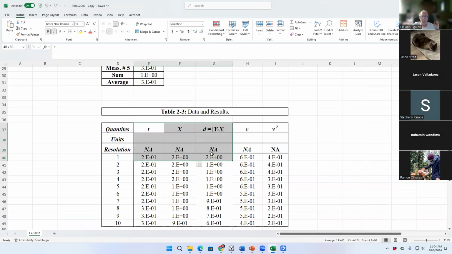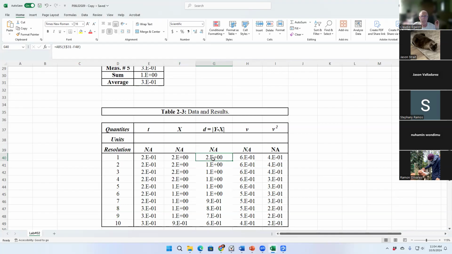Don't forget the resolution of the photo gate, 1 millisecond, which is 4 decimal places. Here's the measurement of the position of the cart, which is also done with the metric tape, with 3 decimal places. Then you have to subtract one measurement from the other and apply the rule of subtraction to determine the number of significant figures.